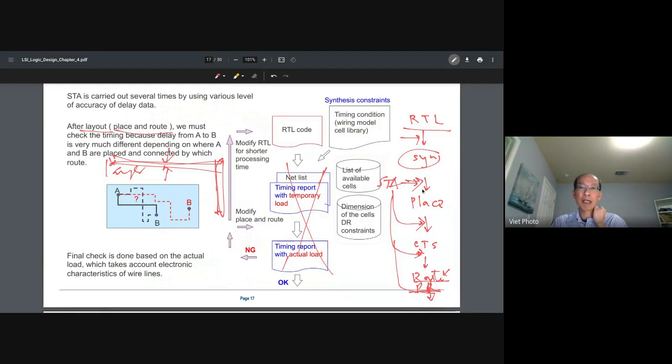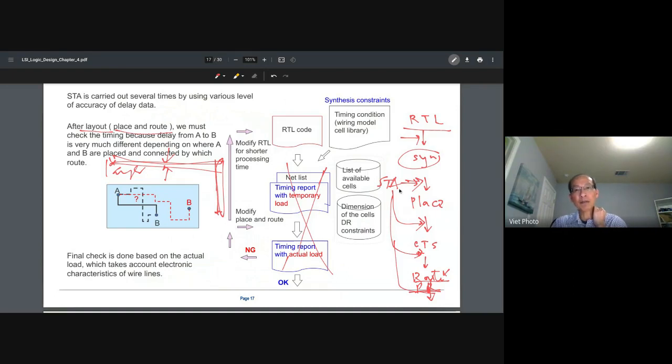But you cannot wait until the end to do the STA, because if you do, it means you did something wrong in the middle. The cycle time from synthesis to post-route, if everything is done correctly, takes about a week.